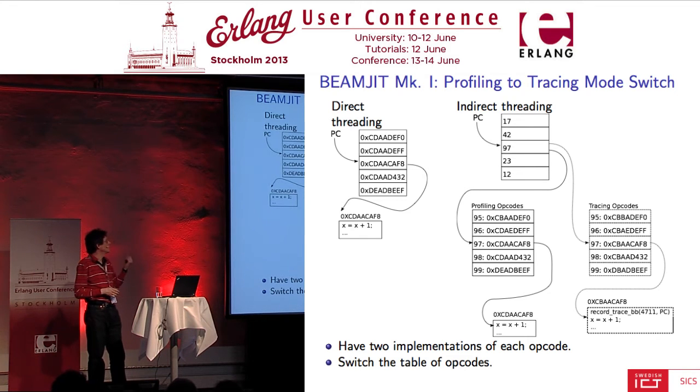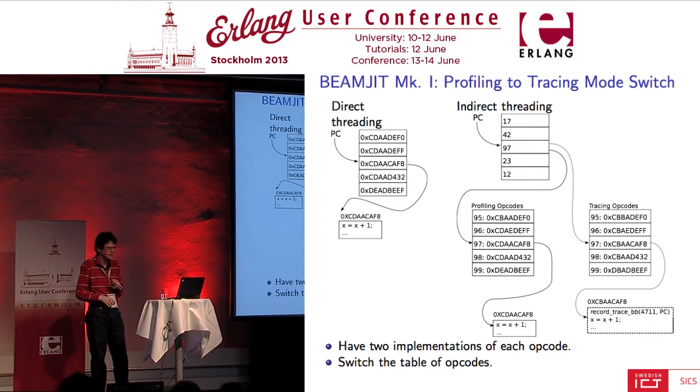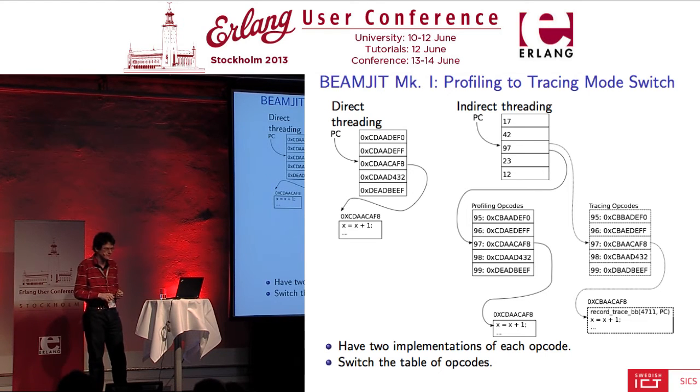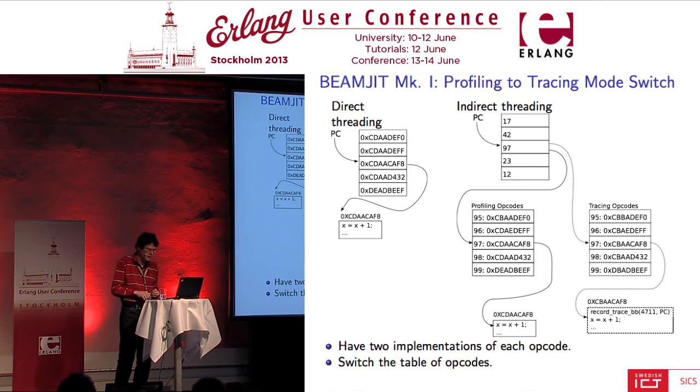So now what the program counter points to are actually just indexes into a table, and that table in turn contains the address of the implementation of the opcode. So if we want to switch from one implementation of the opcode to another, we just have to switch these tables. Unfortunately, that cost us some performance.